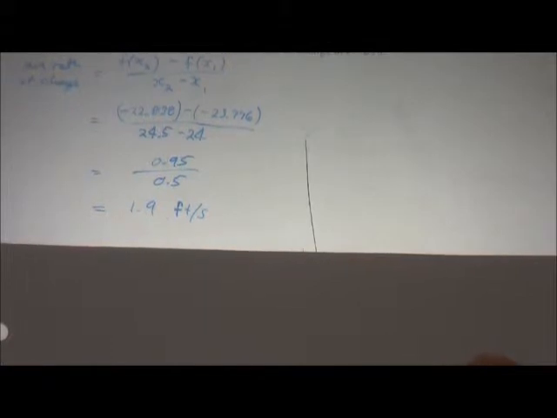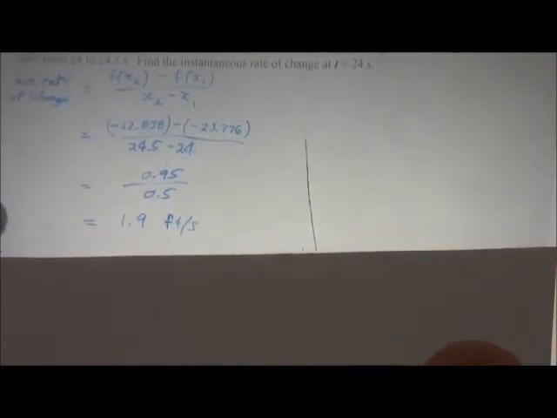Now, we're not actually finding the instantaneous rate of change. We're finding the estimate of the instantaneous rate of change. So just to keep things a little simpler here, let's do the centered interval for this, just to keep things moving along quickly.